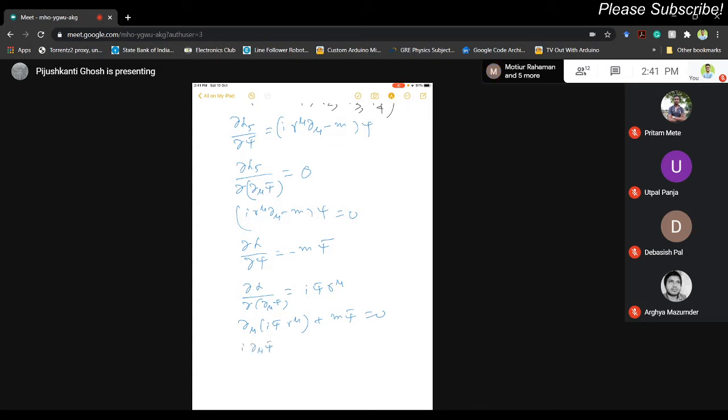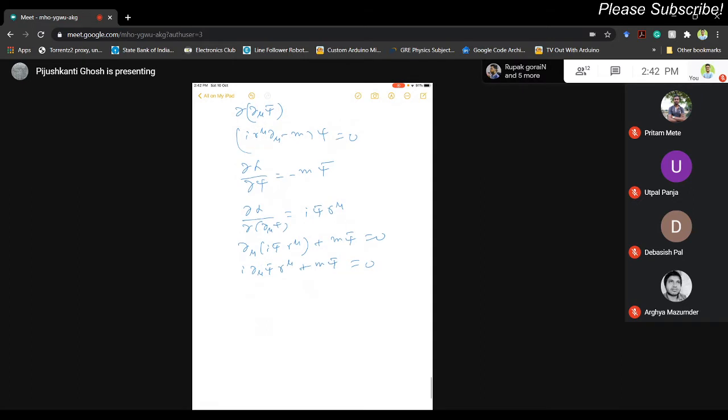So I write it as i del mu psi bar gamma mu plus m psi bar equal to 0. There is a standard form in which we write this equation: i gamma mu del mu plus m psi bar equal to 0.